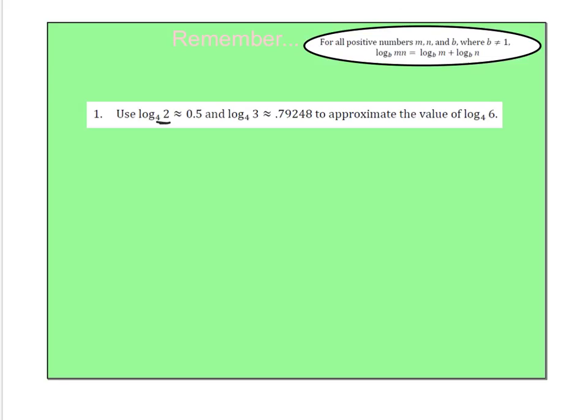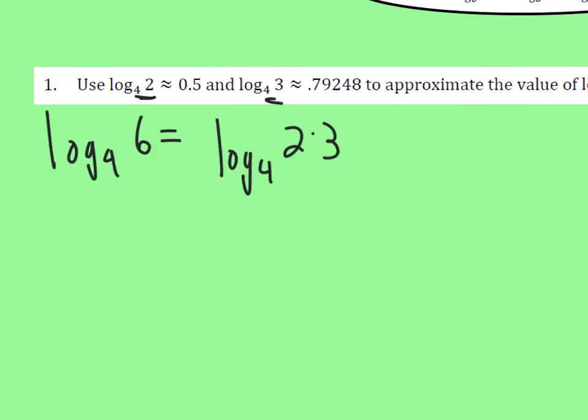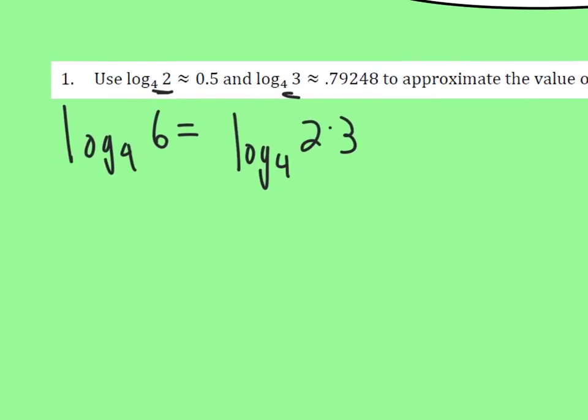So log base 4 of 2 is that, log base 4 of 3 is that. Figure out what the log base 4 of 6 would be. Well, realize that log base 4 of 6 is actually equal to log base 4 of 2 times 3. It's amazing how factors come back into play all these classes later. So if there's multiplication here, then I can take log base 4 of 2 plus log base 4 of 3.